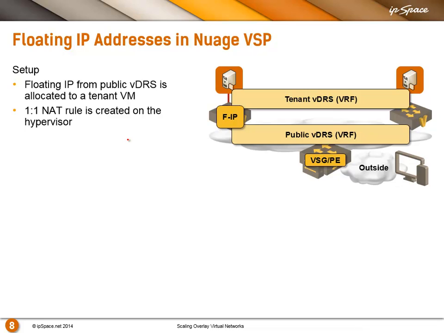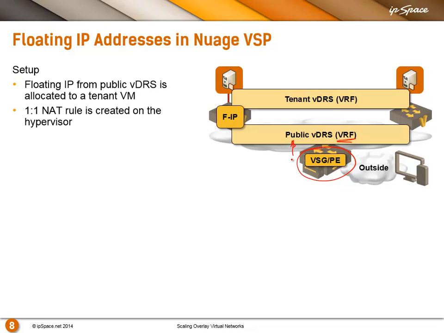Anyway, what Nuage is doing in this case is, if you want to do a floating IP address from some virtual VRS... sorry, from some VDRS, which is their acronym for VRF, DRS stands for Distributed Routing System. So this might be a public VRF that's connected to a PE router or a hardware gateway.